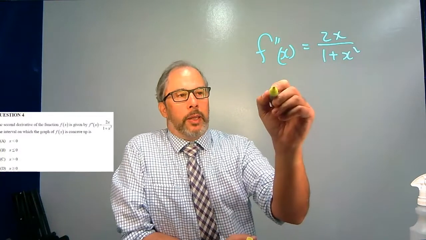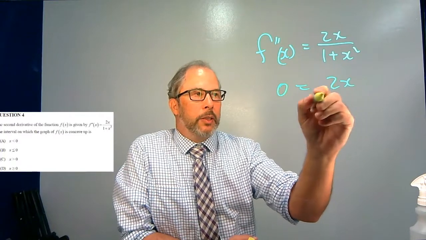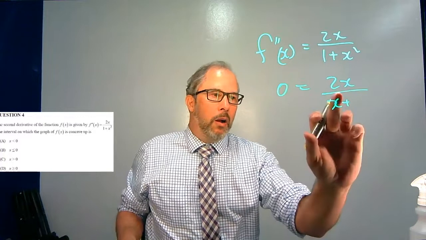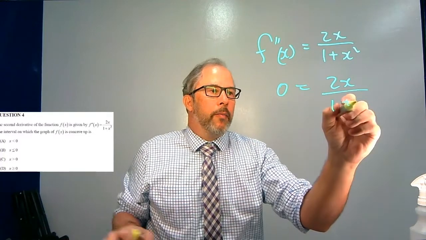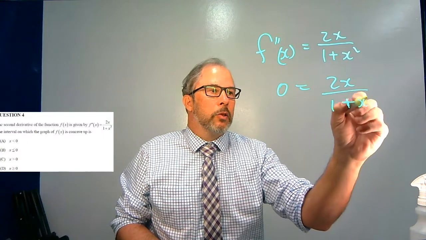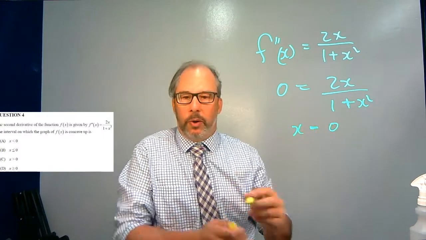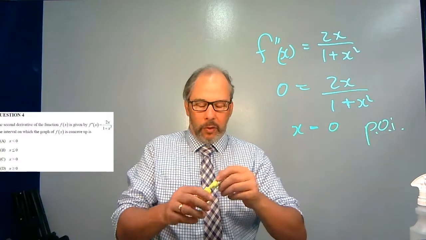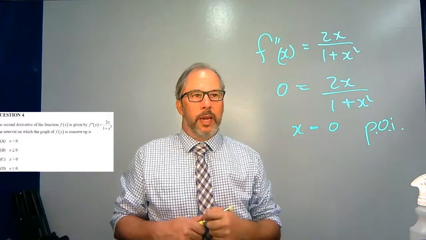But if you wanted to work that out, you could set that equal to 0, of course, and you would have 2x over 1 plus x squared, and of course you get x equals 0, so that's your point of inflection. Of course, that's the point where the graph changes from concave up to concave down.